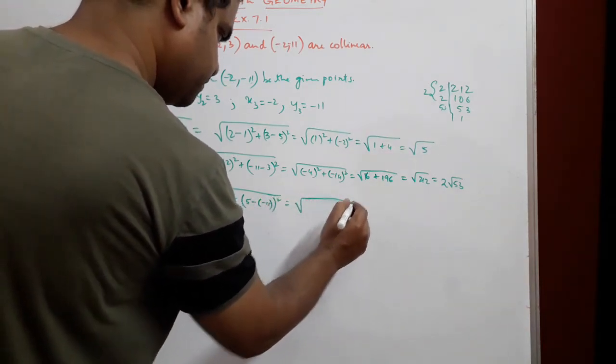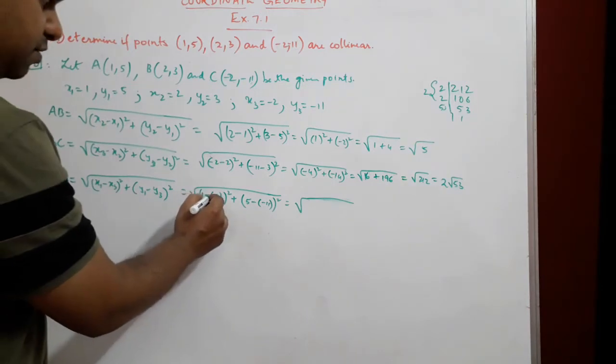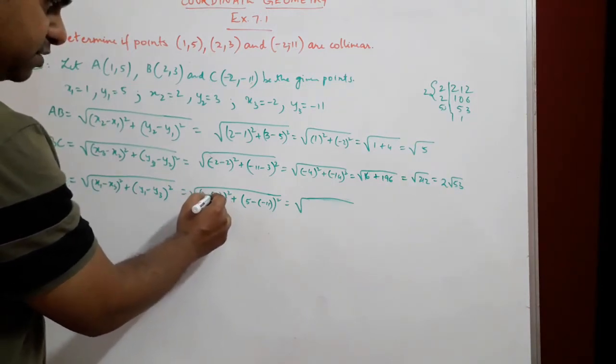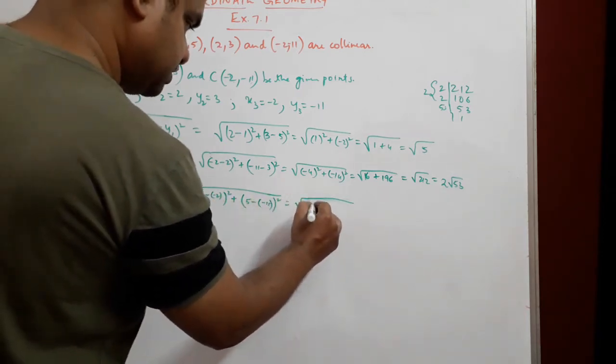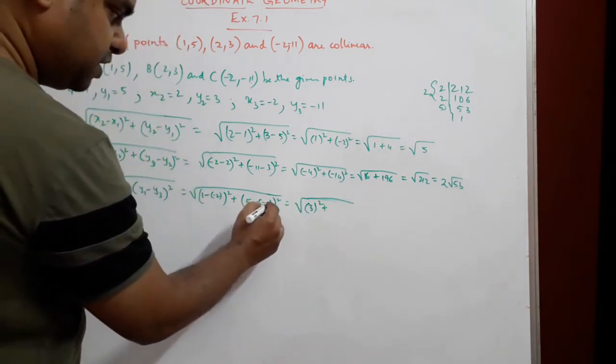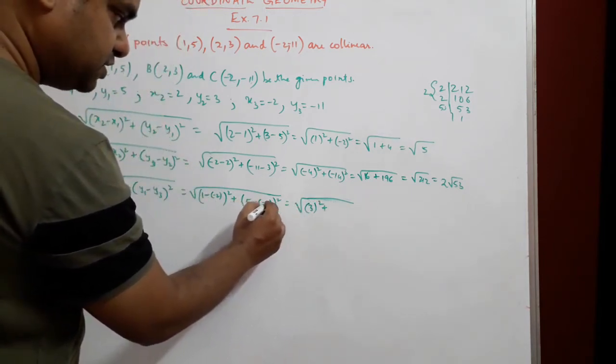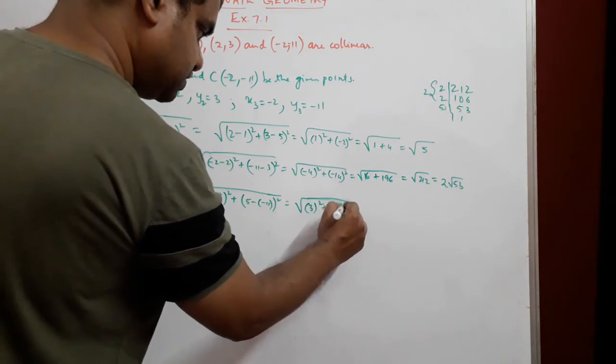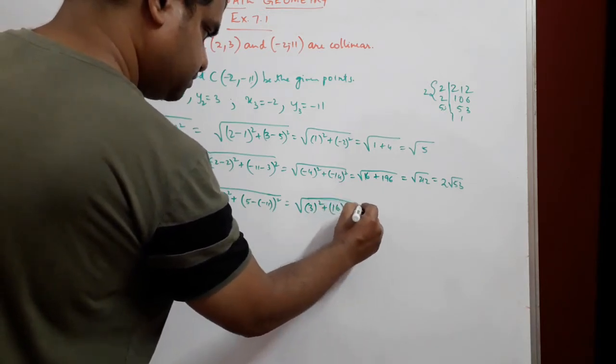Now 1 minus of minus and minus gives us positive over here. So 1 plus 2 gives us positive 3 whole square, plus minus and minus gives us positive, that means 5 plus 11 gives us positive 16 whole square.